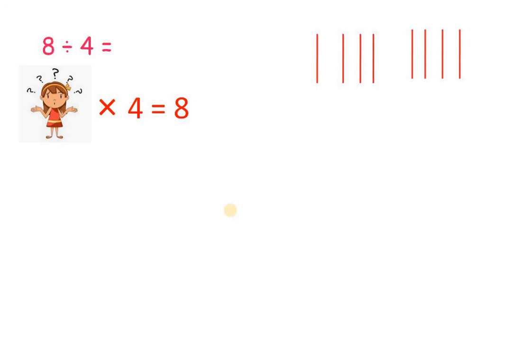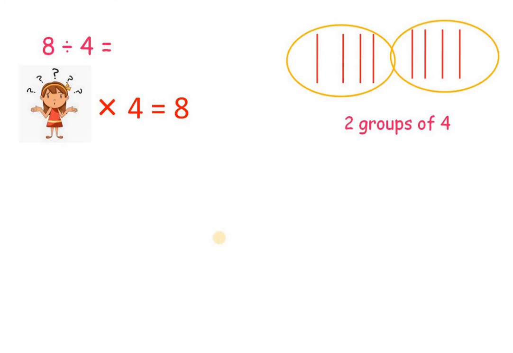So each 4 will be in one group. So this is the first group of 4, and this is the second group of 4. So here we have 2 groups of 4. 8 divided by 4 equals 2. And if you remember, 2 times 4 equals 8.